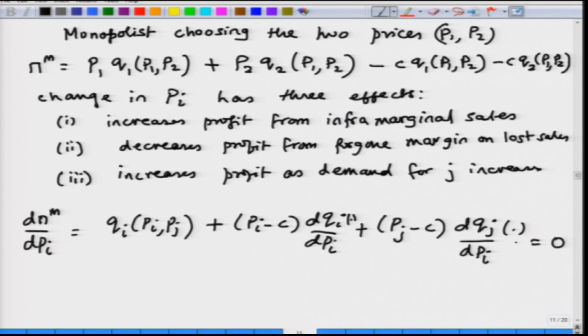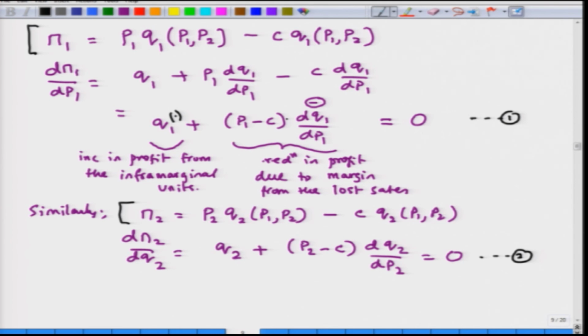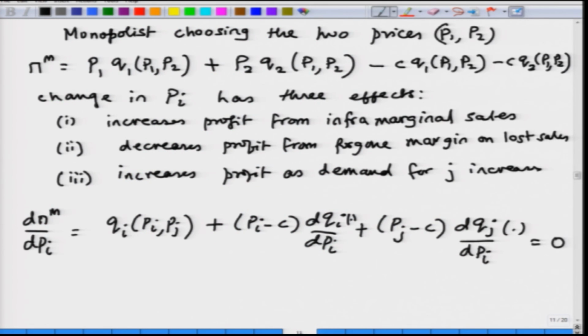Now notice there are 3 terms compared to the 2 terms that I had earlier. This is the inframarginal units, this is the foregone margin from the lost sales, and this is the increase in profit due to the demand for firm 2 increasing. While this expression is negative, this expression obviously is positive, and since dQj/dPi is positive, this entire expression is positive, right.